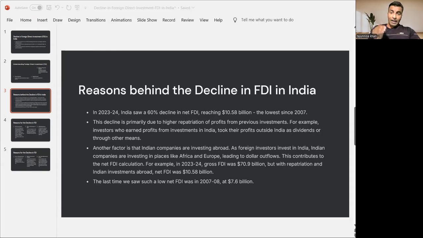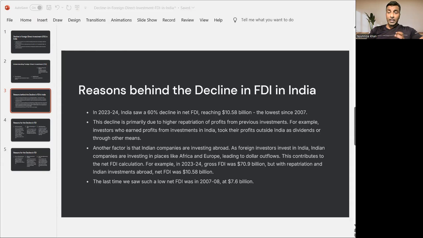Another factor is that Indian companies have also started investing abroad. Just as foreign investors invest in India, Indian companies are investing in places like Africa and Europe. That leads to dollar outflows again. So this subtracts from the total and also contributes to the net FDI calculation. If you get an MCQ in prelims, they can bring in this dimension also, that Indian companies investing abroad will come under this calculation.